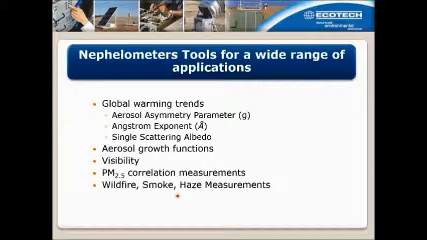But the nephelometer itself measures the temperature and the pressure inside, so it will give you the corrected numbers. It measures the scattering at ambient conditions, and that's what you need to look at.